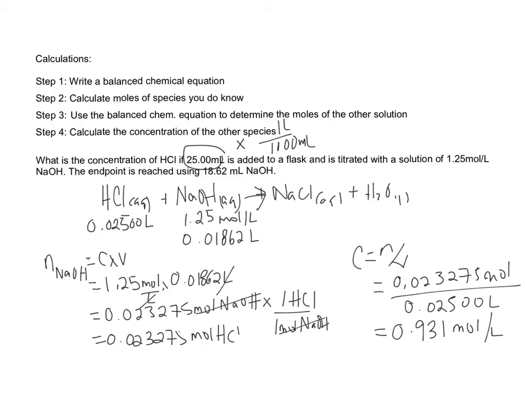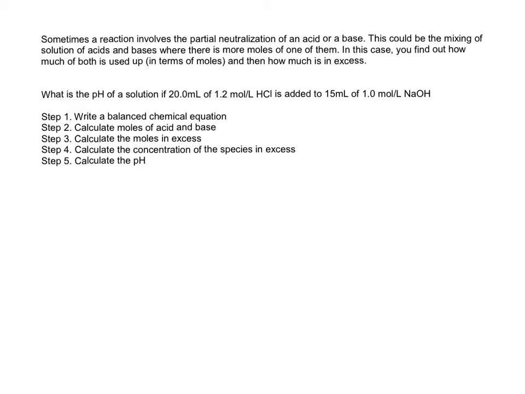Now sometimes you're given a partial neutralization question. You'll have an instance where you've added this much acid to this much base. What is the pH? How much is in excess? So in this case we've got sodium hydroxide and hydrochloric acid. Again, write a balanced chemical equation.